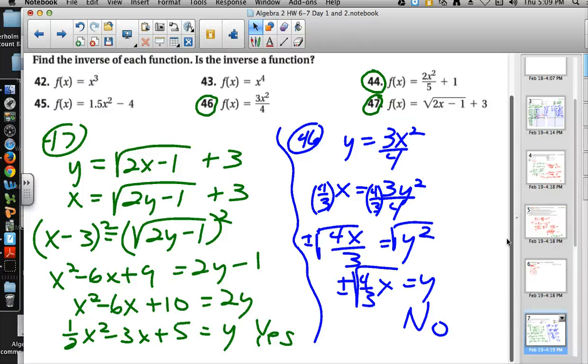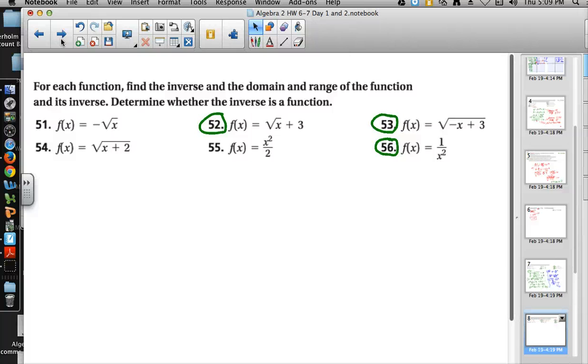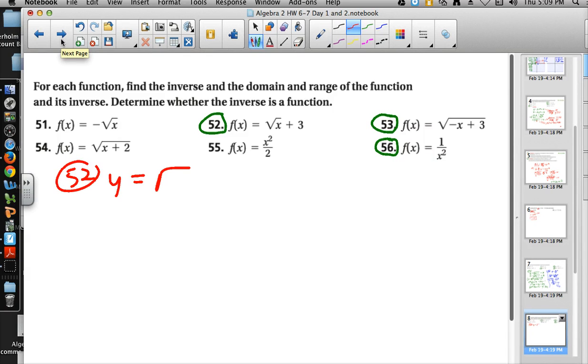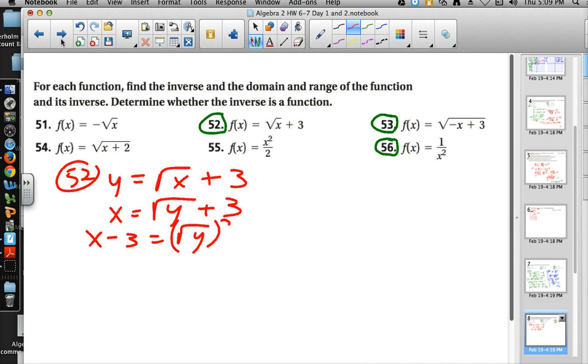All right. Did I have any more? I did. 52. For each function, find the inverse and the domain and range of the function and its inverse. Determine whether the inverse is a function. 52. Y equals the square root of x plus 3. Switch the x and the y. Subtract the 3. And square both sides.